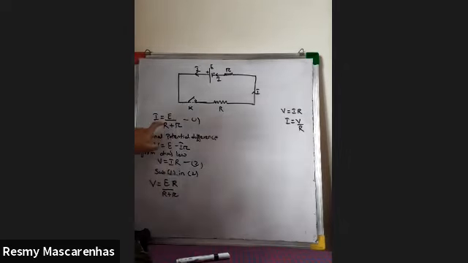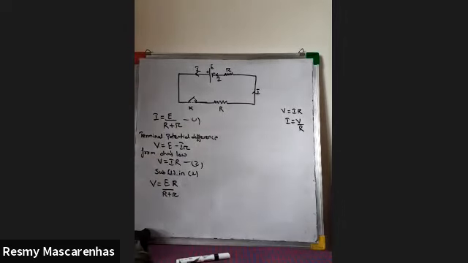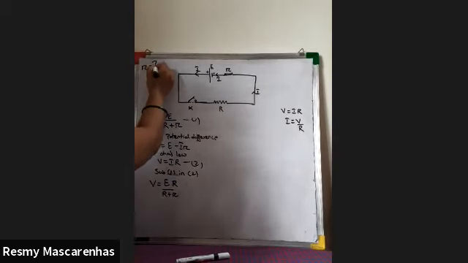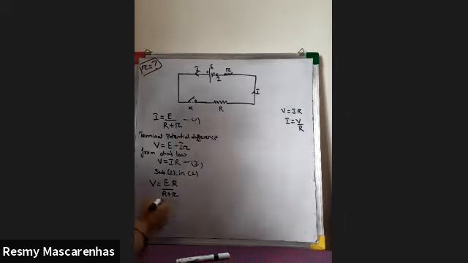So the I value is E upon R plus r into this. Now this term I'll take this side. So finally what we are finding out is the equation for r, internal resistance. So I'll take this denominator this side. So you will get V into R plus r is equal to ER. Now solve the bracket. So this will be VR plus Vr is equal to ER.